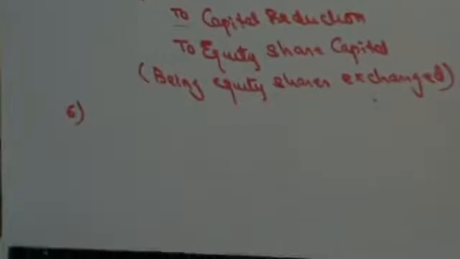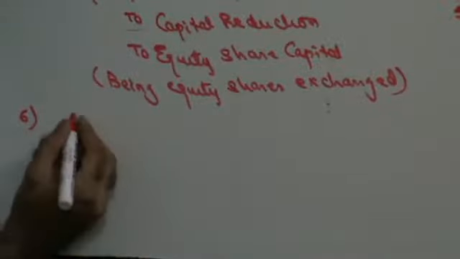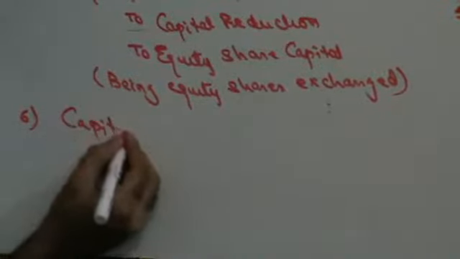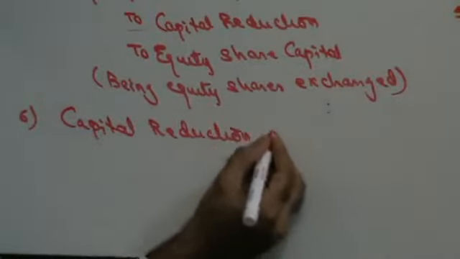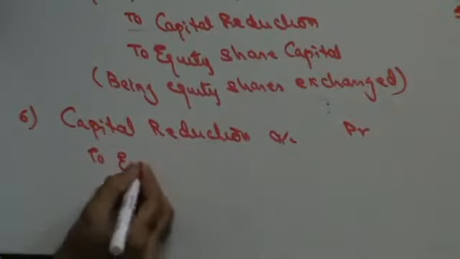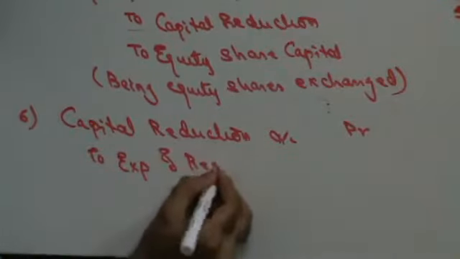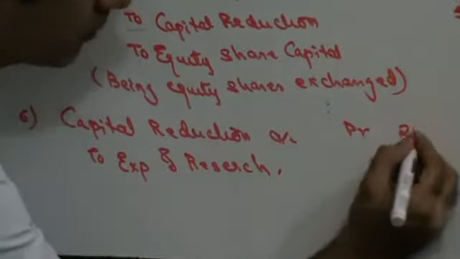The experiment and research is on the debit side in the ledger, so it will go on the credit side in the journal. So this will be capital reduction account debit, to experiment and research, amount is 2,18,000.